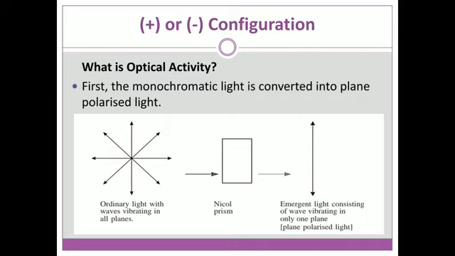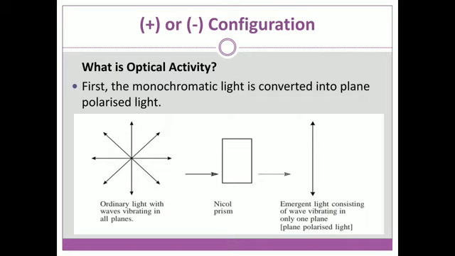Then we are going to see the next prefix, plus or minus. Before we enter this topic, we must know the optical activity, which we already learned in 11th standard. Let us recall it. We already know the light is propagated in the form of waves. See, the ordinary monochromatic light is vibrating in all planes. See the diagram.